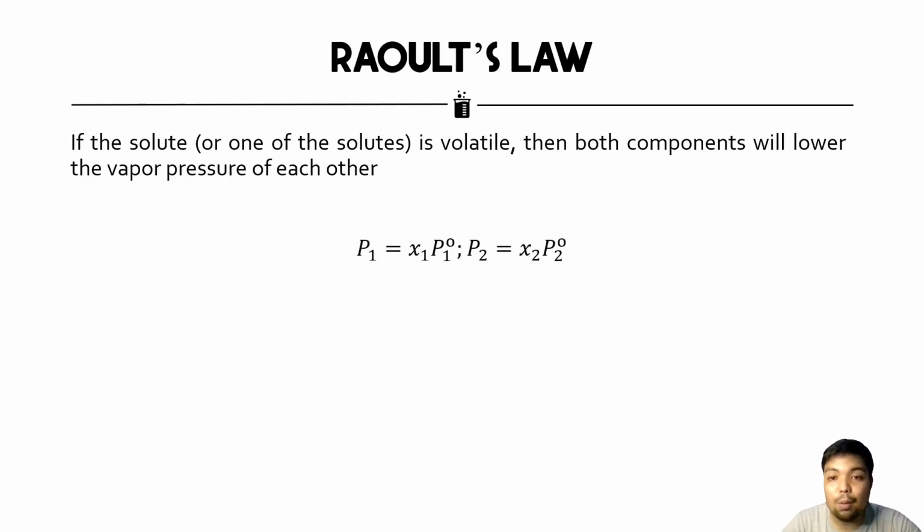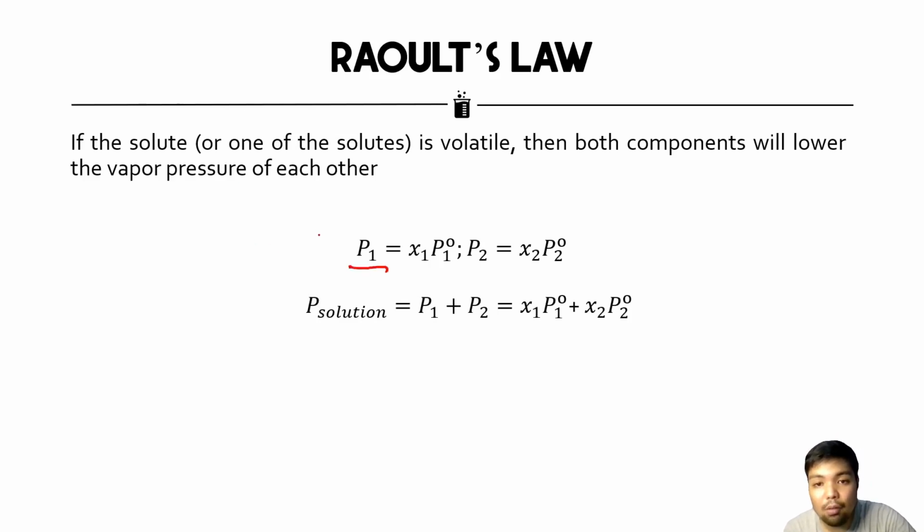So we can also apply Raoult's law on the vapor pressure of each component in solution. Thus, the vapor pressure of the solution is the sum of the vapor pressures of the two components. Applying Raoult's law here, component 1 will have its own vapor pressure in solution in accordance with Raoult's law.